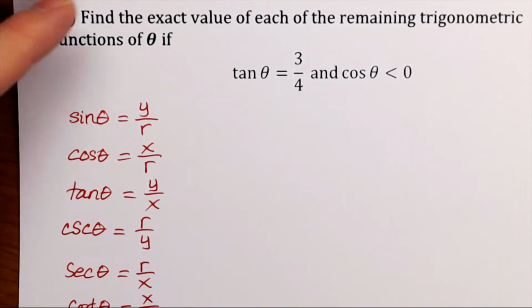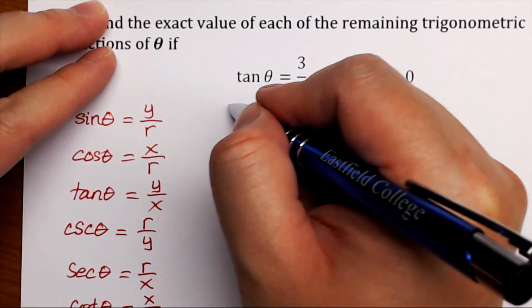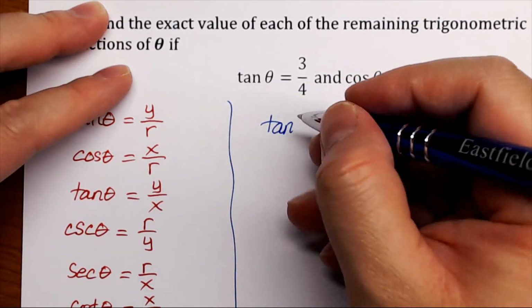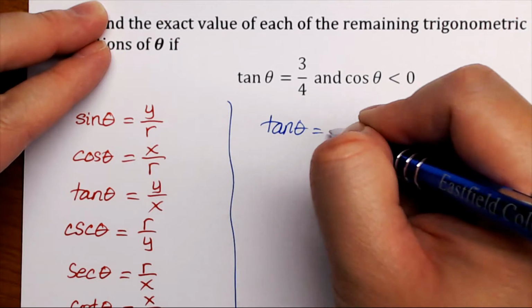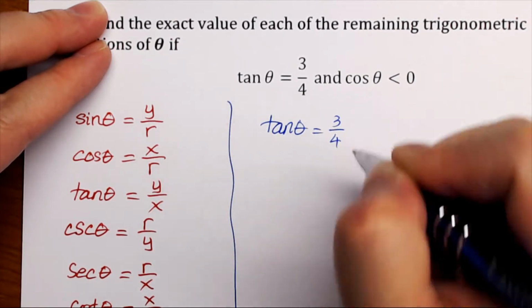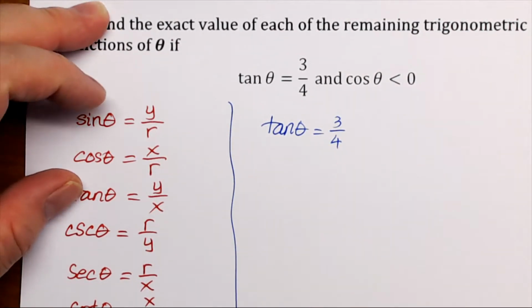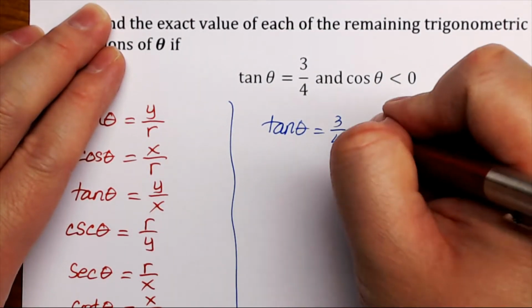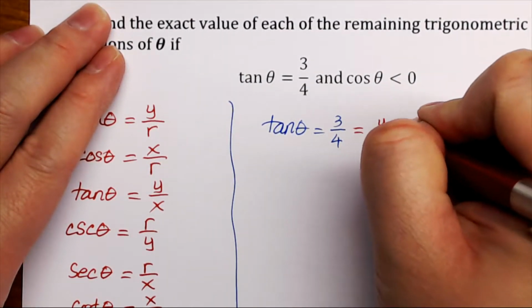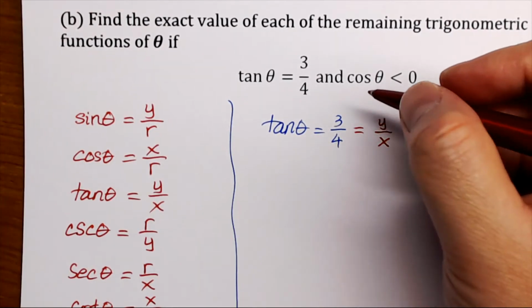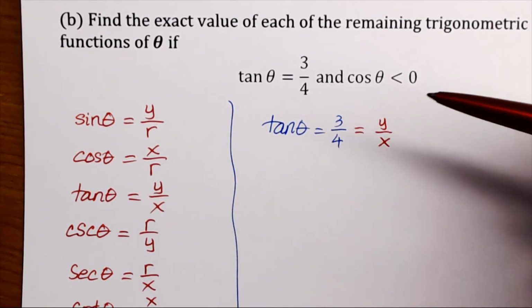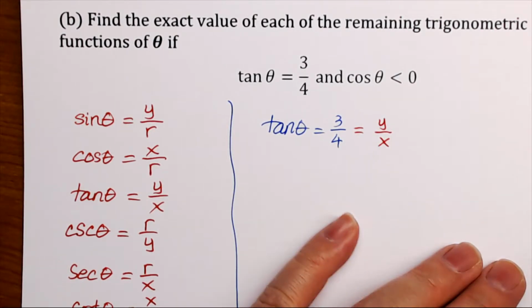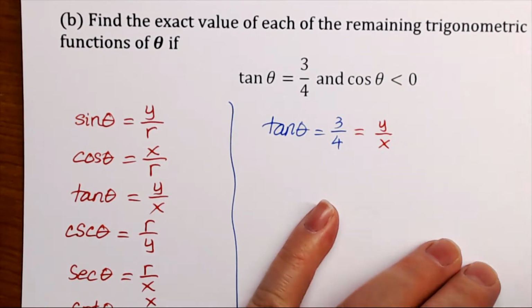Because the ratio y over x is less than 0, one of them is positive and one of them is negative. So x is positive. So we're going to choose positive square root of 24, or square root of 4 times square root of 6, which is 2 square root of 6.